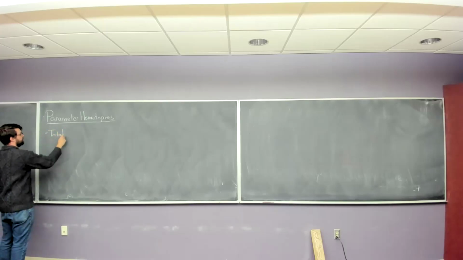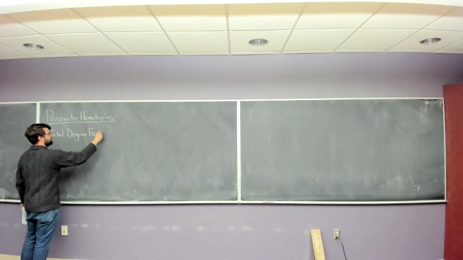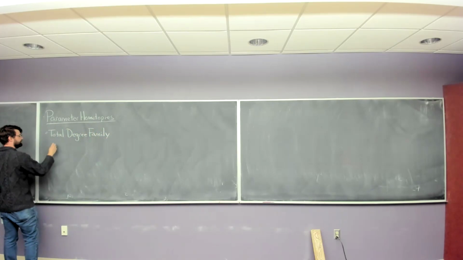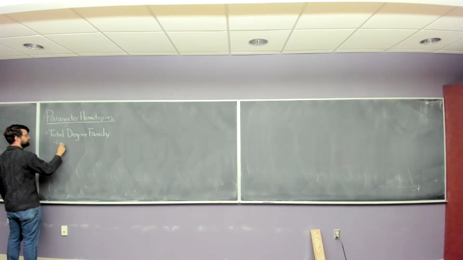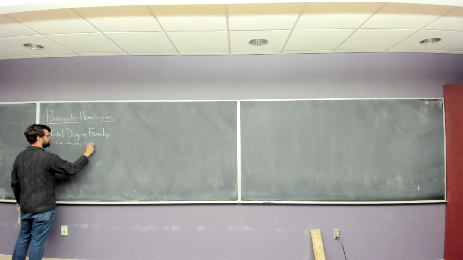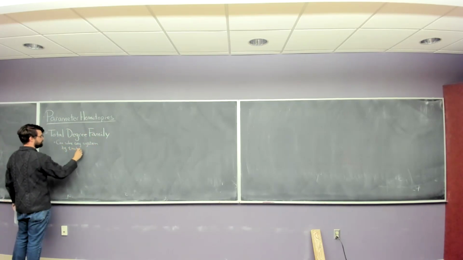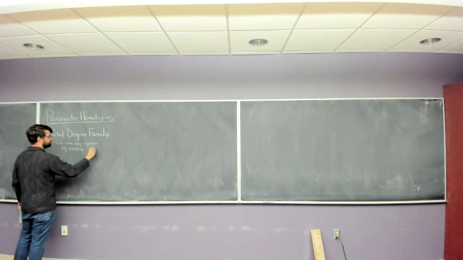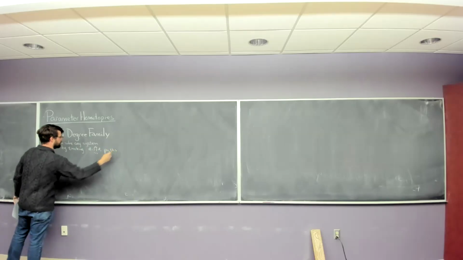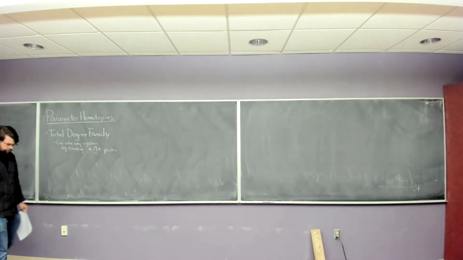Okay. And so we had total degree allows us to solve any system by tracking this Bezout number many paths.